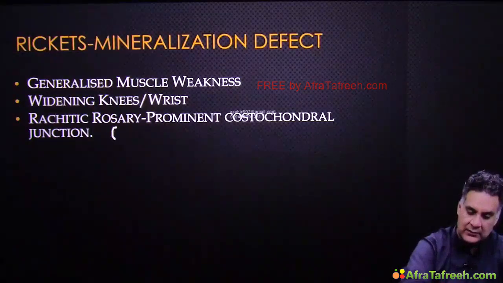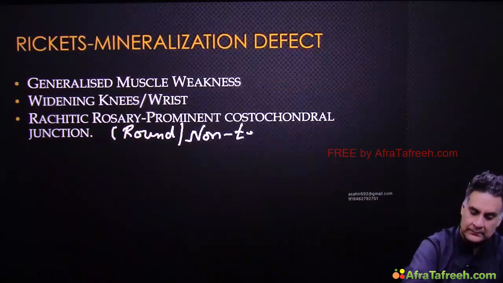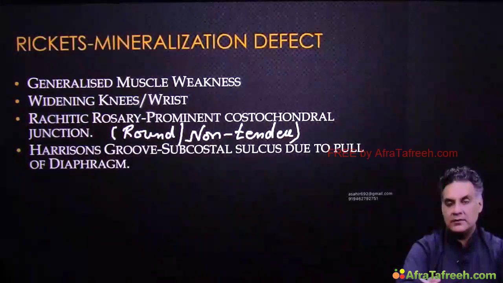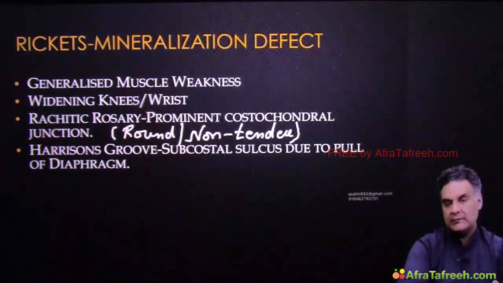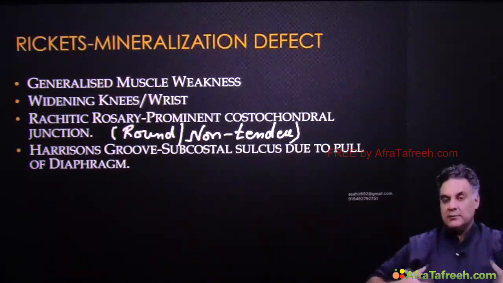In rickets, this rosary is round and non-tender. Harrison's groove is a groove because of the pull of the diaphragm. Just beneath the rib cage, there is a sulcus. Subcostal sulcus is the pull of the diaphragm.